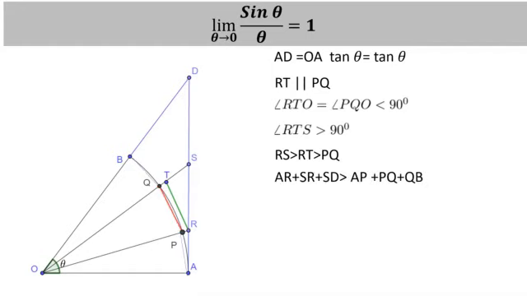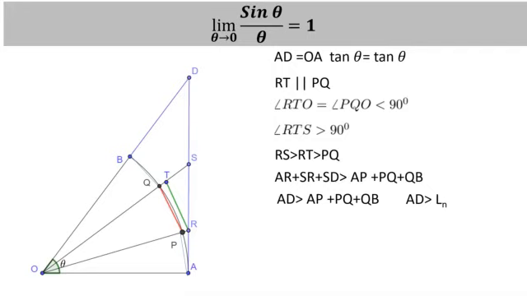So if we add all these line segments, AP, PQ and QD, and compare with the corresponding line segments AR, RS and SD, we'll find that AR plus RS plus SD is greater than AP plus PQ plus QD. But what is AR plus RS plus SD? It is AD. So AD is greater than AP plus PQ plus QD.